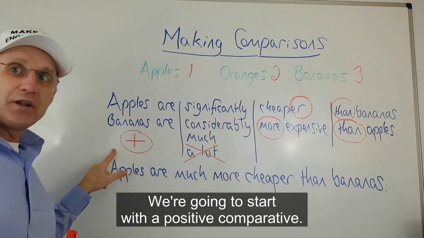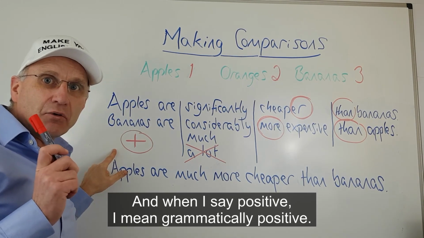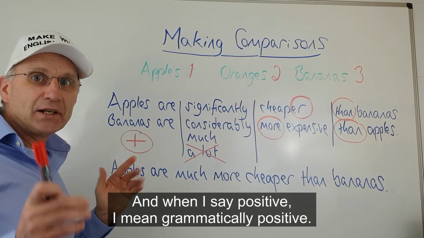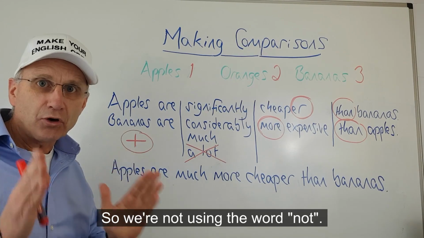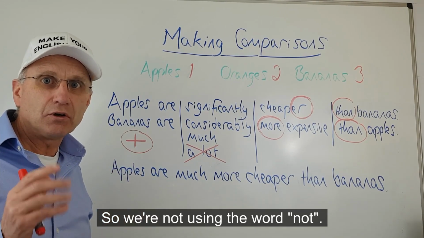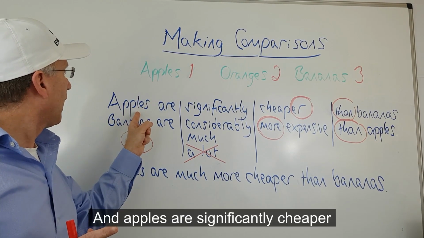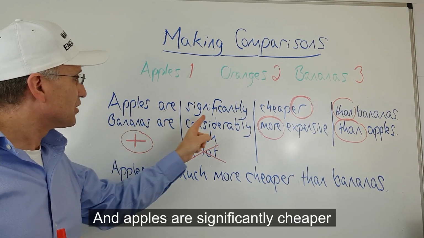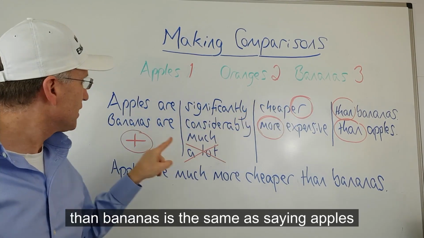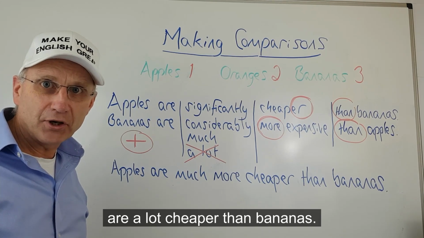We're going to start with a positive comparative, and when I say positive, I mean grammatically positive. So we're not using the word not. And apples are significantly cheaper than bananas is the same as saying apples are a lot cheaper than bananas.